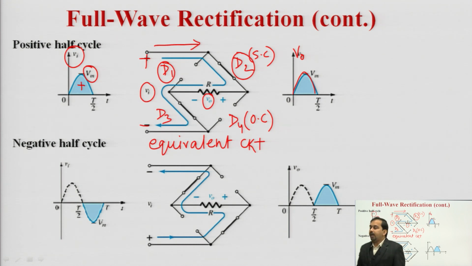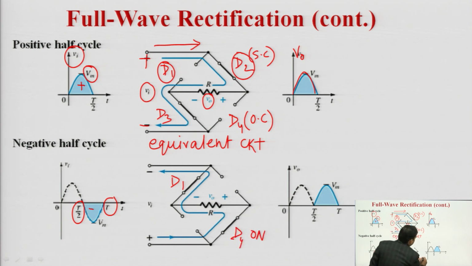Now, during the negative half cycle, for the next cycle, from T by 2 to T, diode D1 and diode D4 both are on, in a conducting form, and diode D2 and diode D3 are both non-conducting.